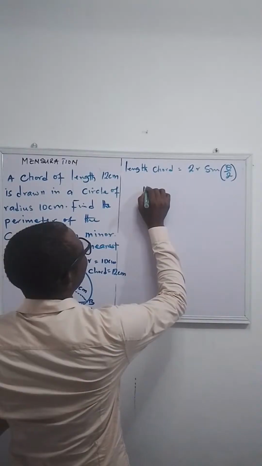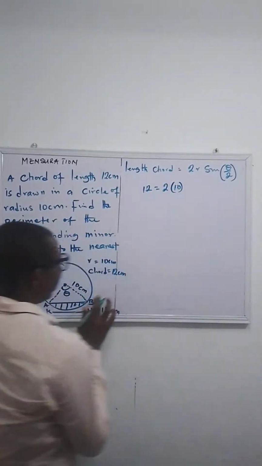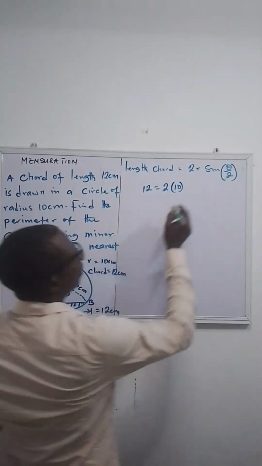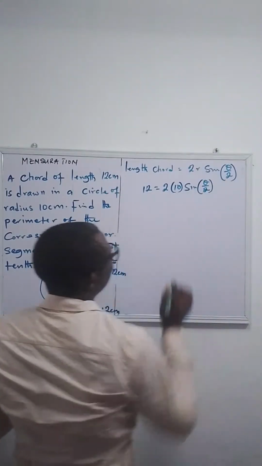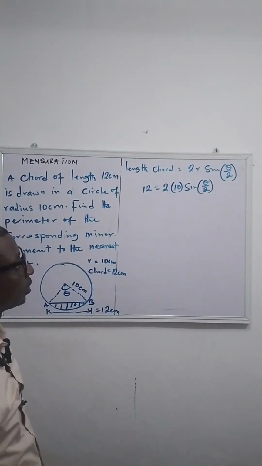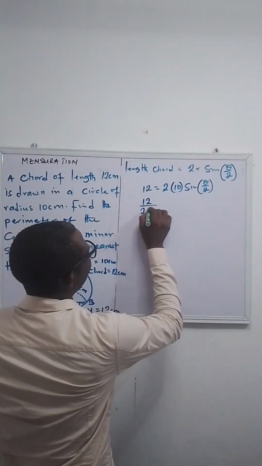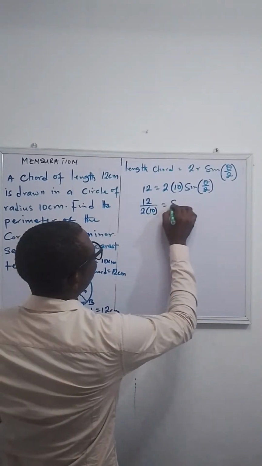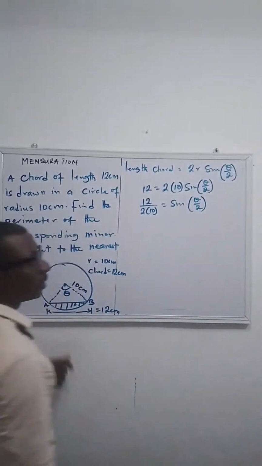We have 12 centimeter equals 2 times 10, the radius is 10 centimeter, sine theta over 2. Okay, here you can divide both sides by 2 times 10. So we have 12 over 2 times 10 equals sine theta over 2. Can you see that now?